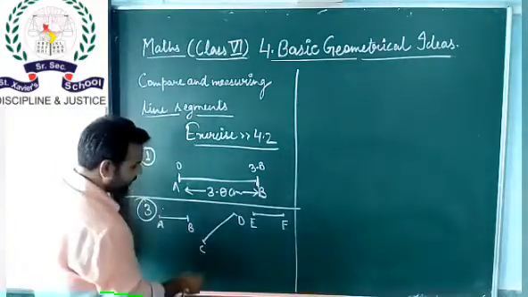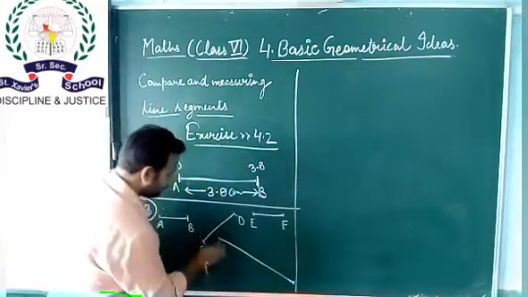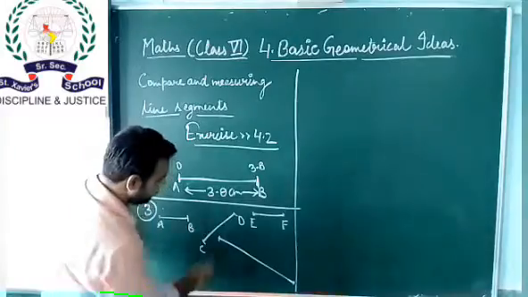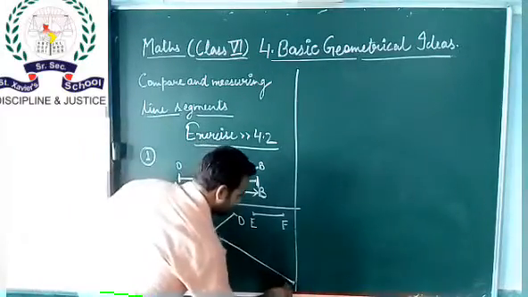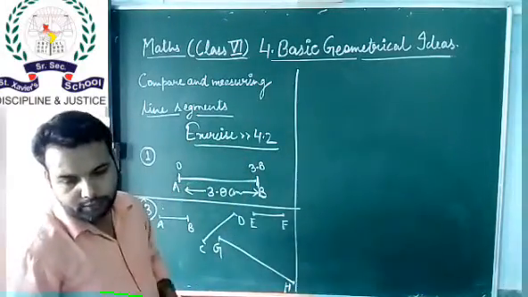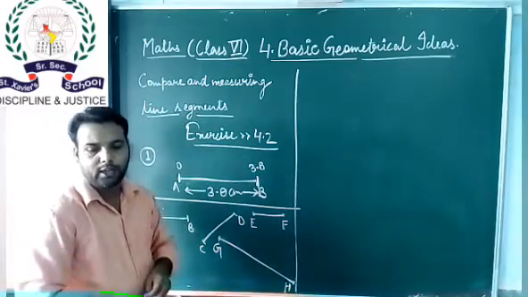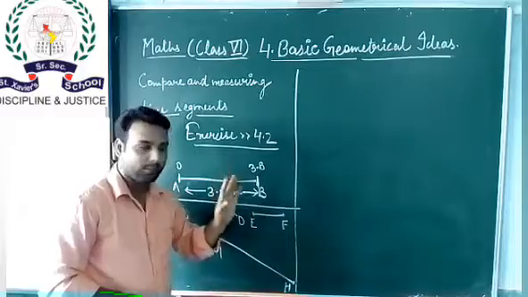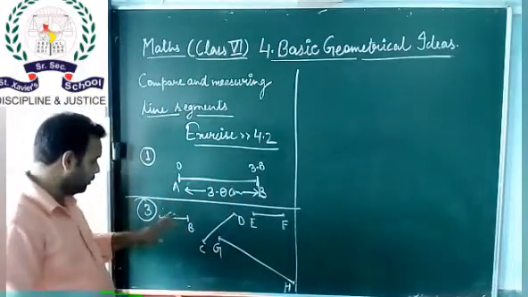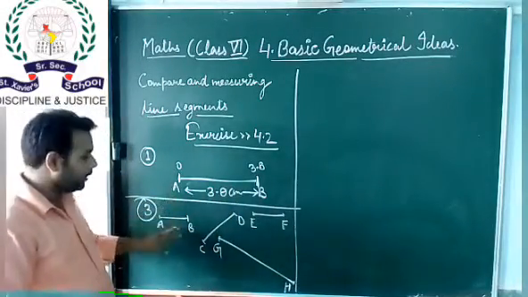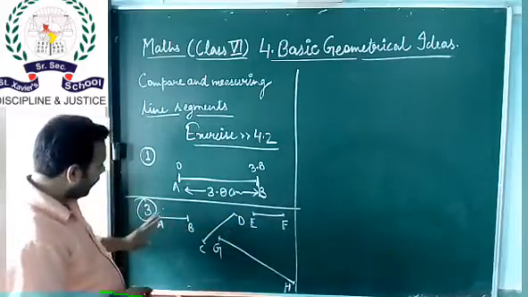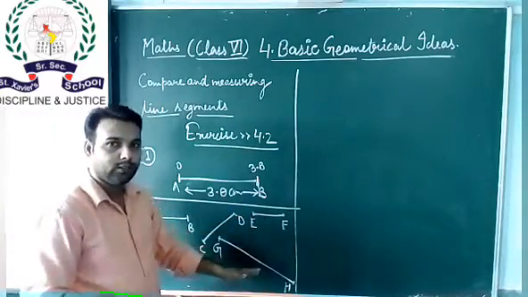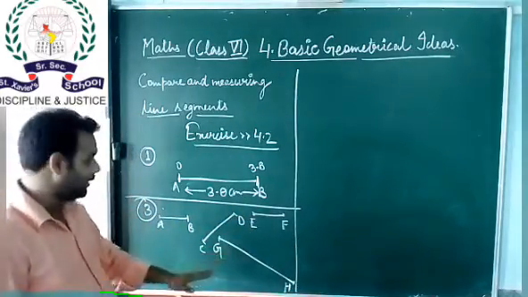One more line segment is given, GH. Without measuring their length, identify which of the following line segments is the longest. Without measuring, you don't measure the line segment, you only have to check which of the following is the greatest or the longest line segment.